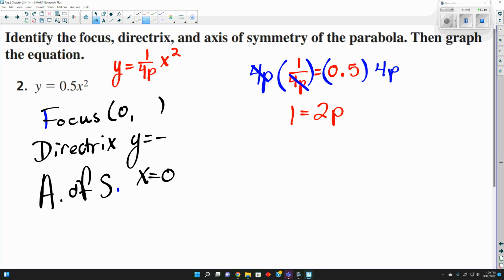And last but not least, what do we need to do? We need to divide both sides by 2, telling us p is equal to 1/2. That's it. Questions on this here?